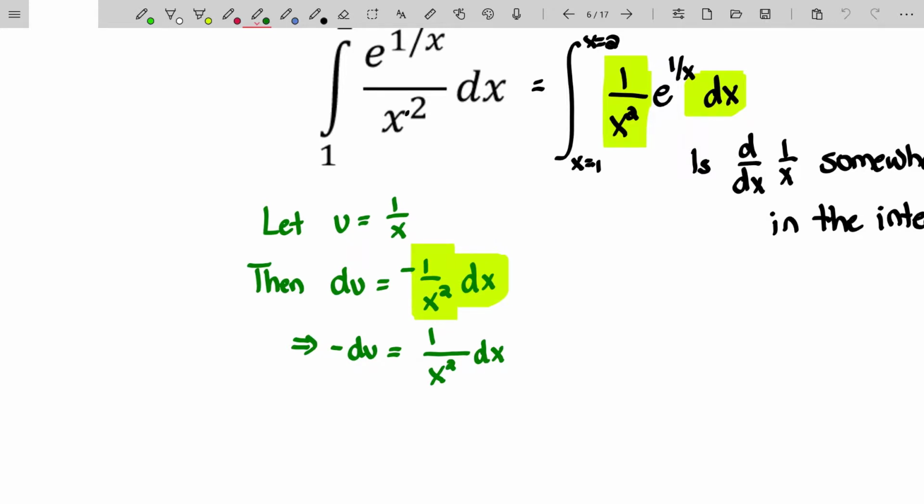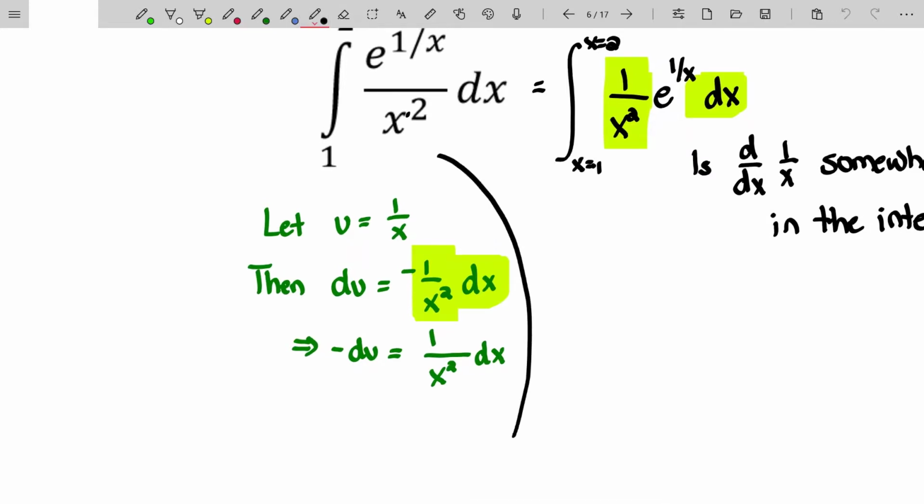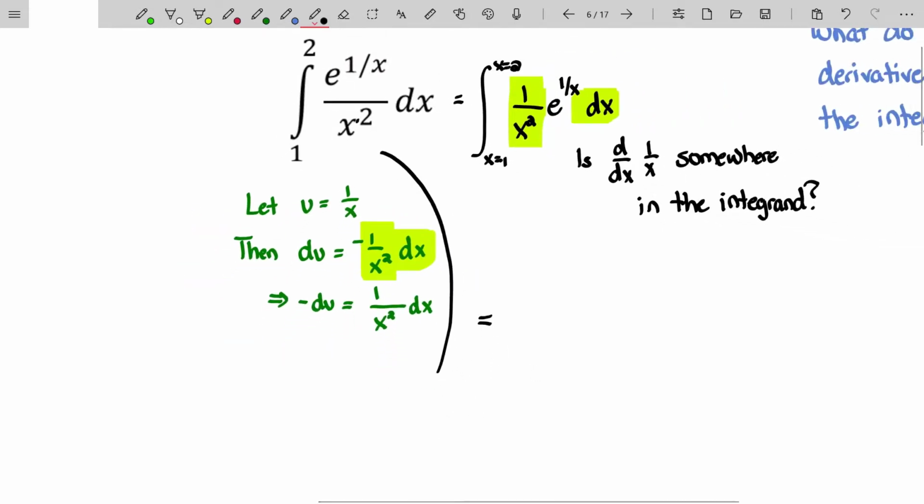Now, a couple things you need to note here. With definite integrals, there's a little teeny bit of extra work you're going to have to do. This is an integral from x equals 1 to x equals 2, and we're not going to be integrating with respect to x in a moment. At least I know that wherever I see a 1 over x squared dx, that highlighted ink right here, I can replace that with a negative du.